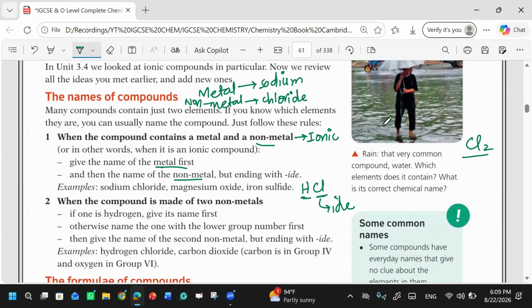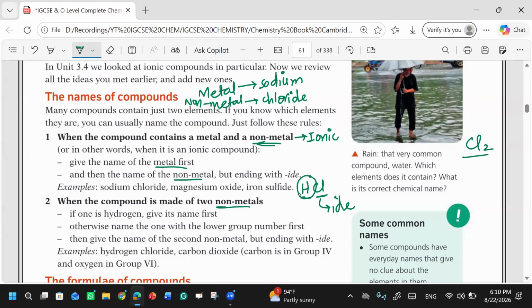If you have two elements combined with each other, the first element, whatever it is, remains the same. Its name will not change.